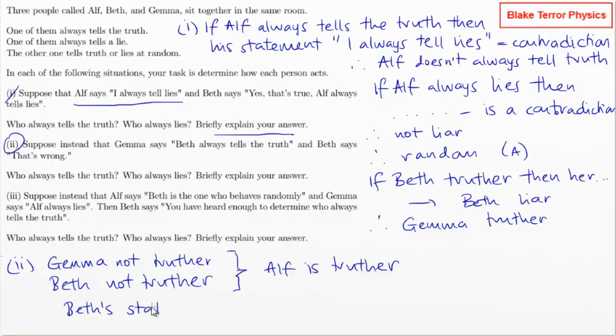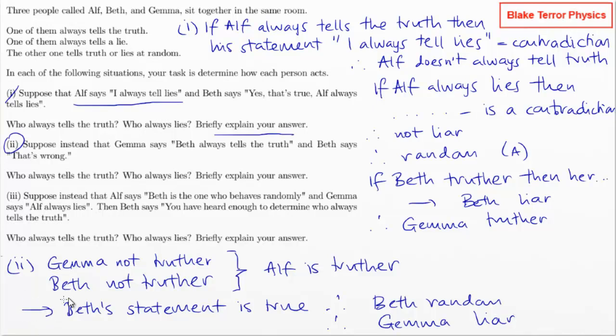So this is a break from the previous structures that we've been putting in of doing a hypothetical and then finding the contradiction. Now we're saying Beth's statement is true. No, she doesn't always tell the truth. So she must be answering at random, because if she was the liar, well, she'd always tell lies. So therefore, Gemma has got to be the liar.